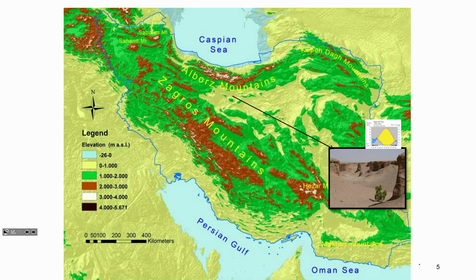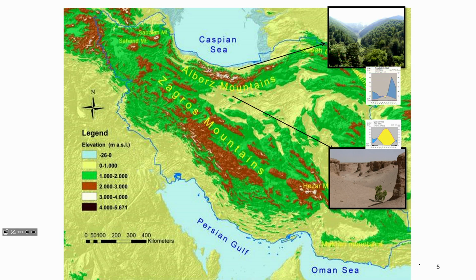The situation, high elevational amplitude, topographic complexity, and heterogeneous climatic conditions resulted in different vegetation types, from hot deserts in central parts of Iran with very low precipitation to Hyrcanian forests in the northern part of the Alborz Mountains with high precipitation, reaching 2,000 millimeters per year.